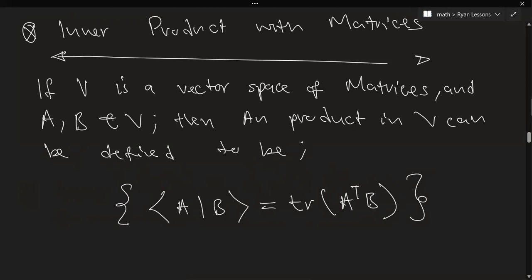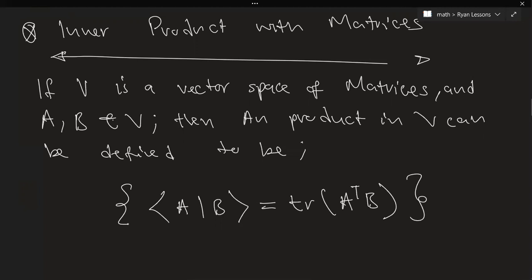You see, when it comes to matrices, one way of defining an inner product in that space is by using the trace of the product, because you know that the trace is going to be a real number.